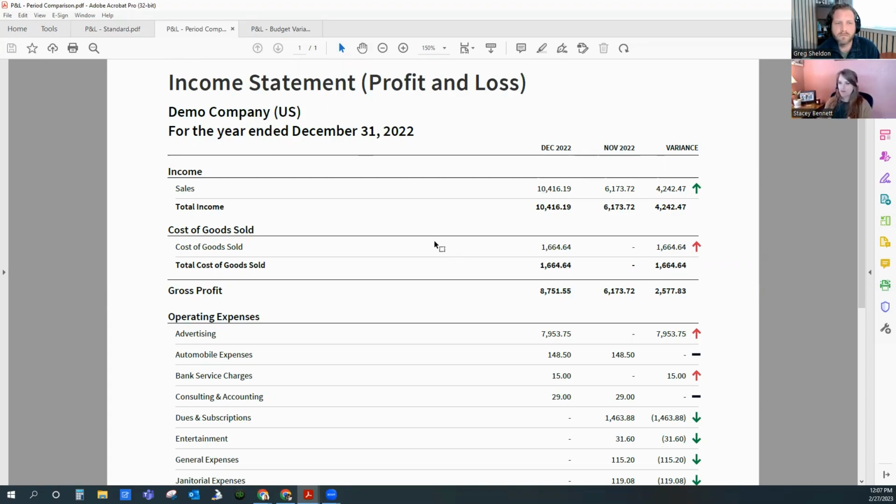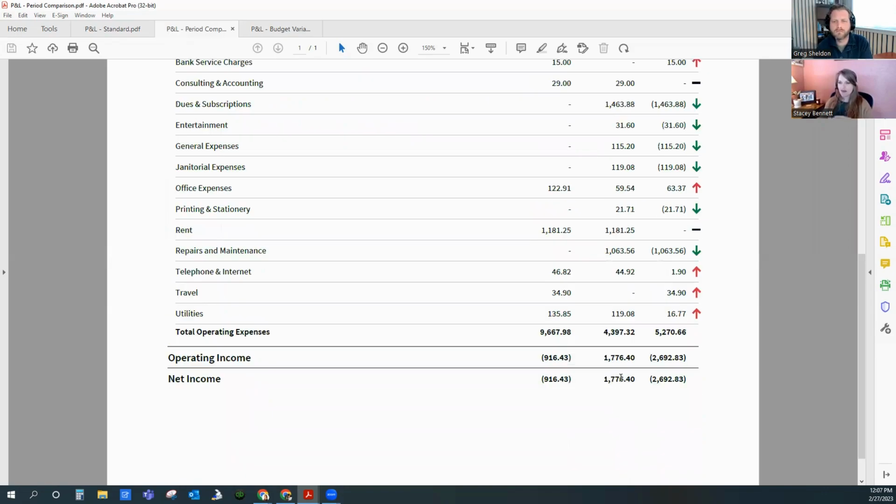It also can help you prepare for taxes a little better. So for instance, if this was run as 2022 compared to 2021, my profit at the bottom would tell me how close I am to last year's tax liability. So if I notice that my profit, or my net income, is up $30,000, then I know I need to prepare to pay more in taxes than I did last year.